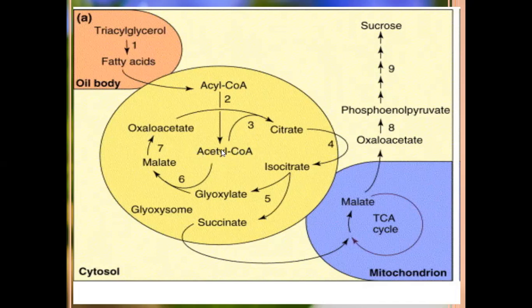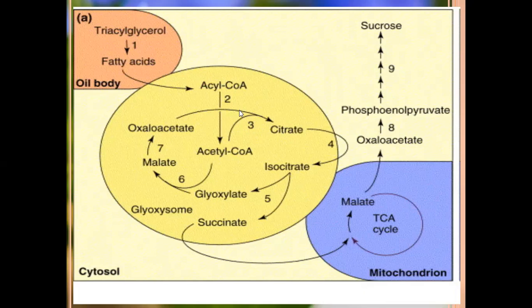The acetyl coenzyme A is combined with the 4 carbon atoms of oxaloacetate. The 2 carbon atoms of acetyl coenzyme A combine with the 4 carbon atoms of oxaloacetate to form citrate, with 6 carbon atoms, in the presence of the citrate synthase enzyme.